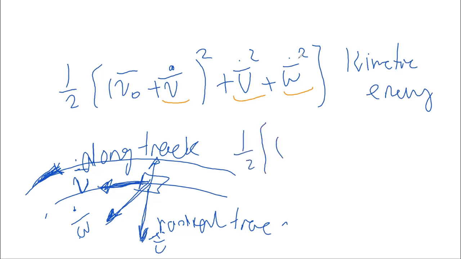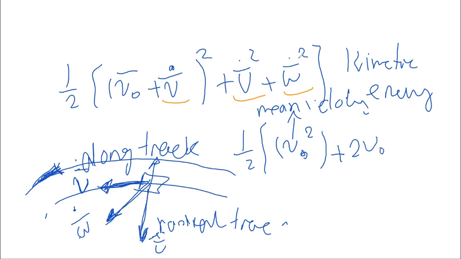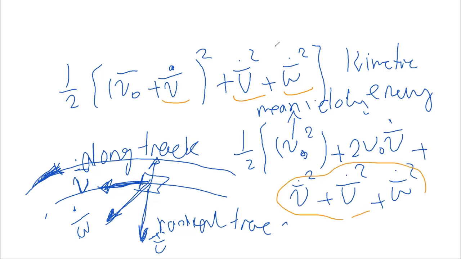Then I will write V star squared, where V0 is the mean orbit velocity of the satellite, mean along track actually, squared, plus 2 times the mean velocity times the change, plus the terms in U and W. And it is proven that this last term is almost zero, not significant.